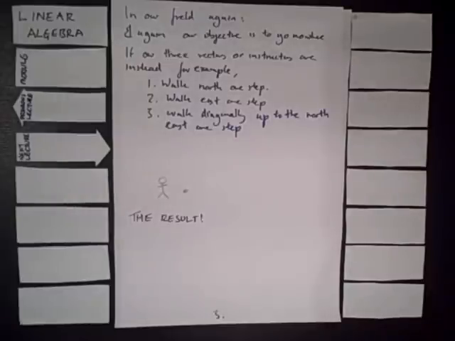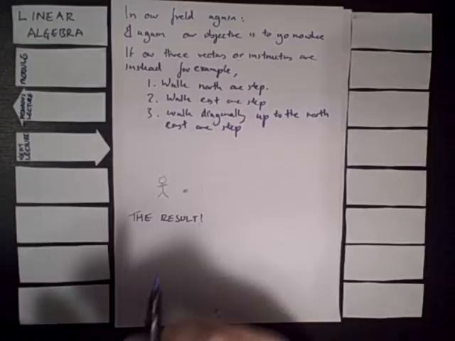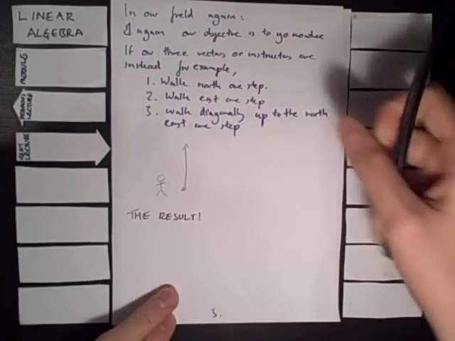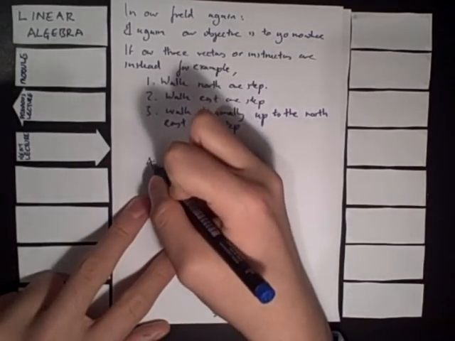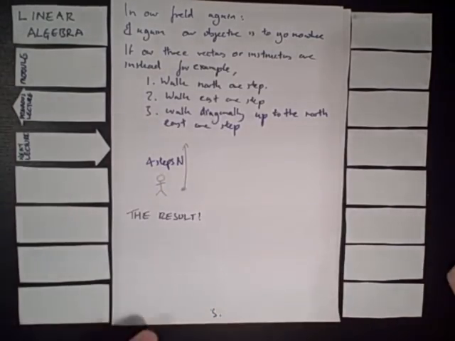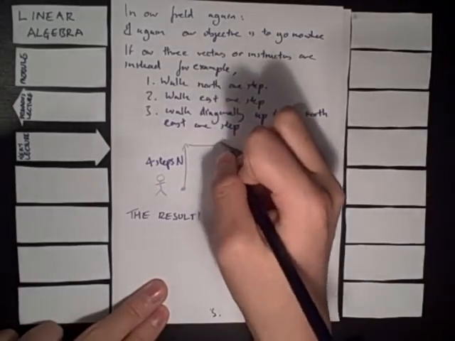So now we can go nowhere by following none of the instructions, just like we could before, but we can also go nowhere by actually following some of the instructions. For example, you could walk north 4 steps. You could walk east 3 steps.